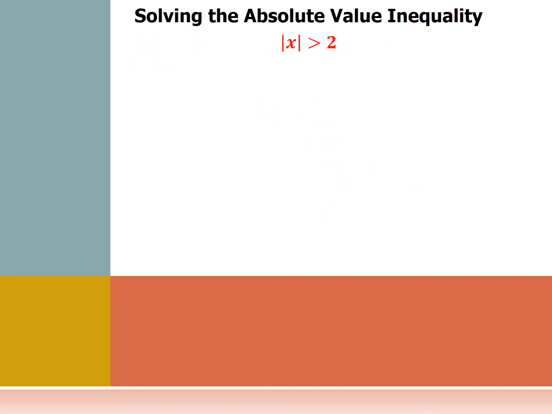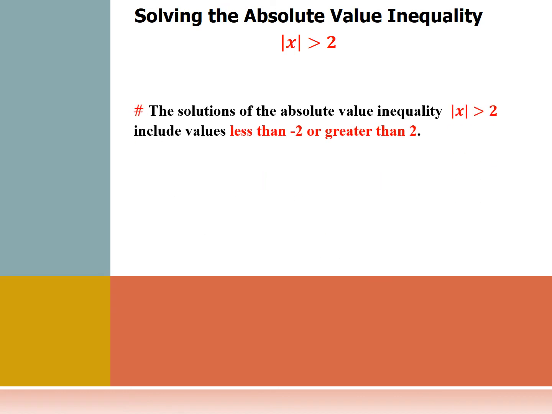Now solving the absolute value inequality when we have absolute value of x greater than 2. The solutions of the absolute value inequality |x| > 2 include values less than -2 or greater than 2. This is the compound inequality x less than -2 or x greater than 2.